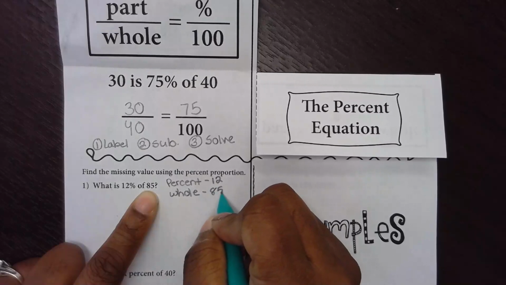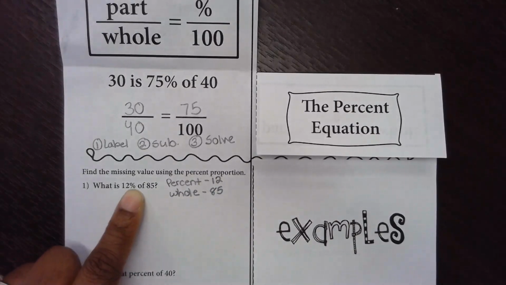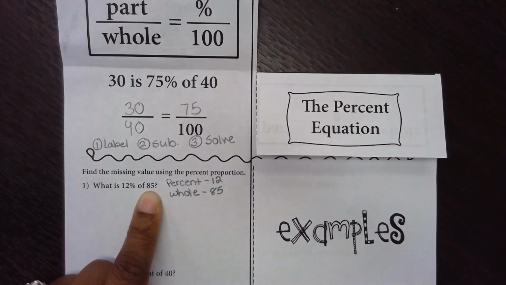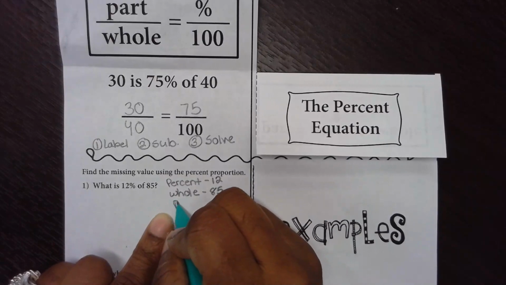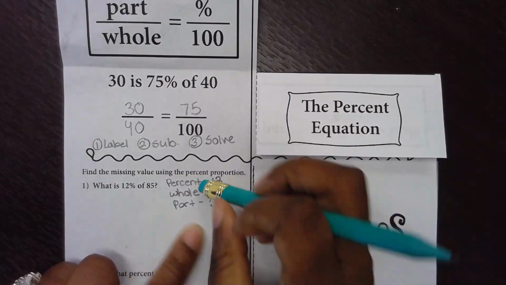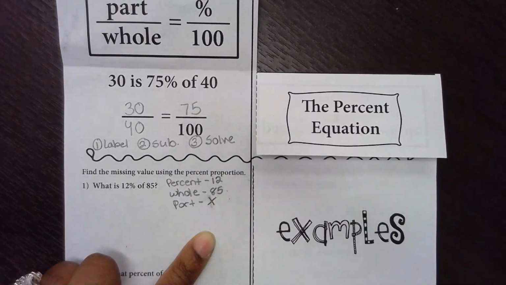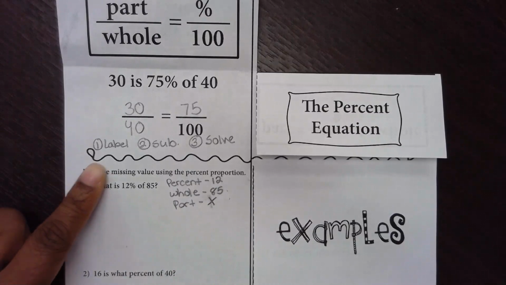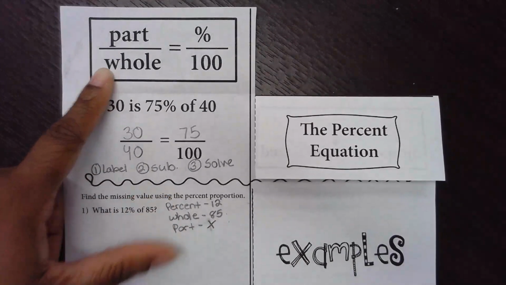How do I know that 85 is the whole? Because they're asking me to take a piece of 85. That makes it the whole. So in this case, we are missing the part. That is going to be our X. So now, step 2, substitute the values into the proportion.